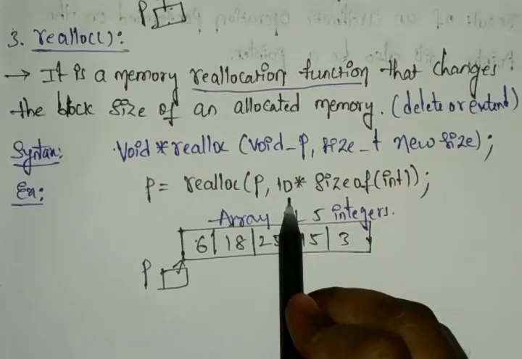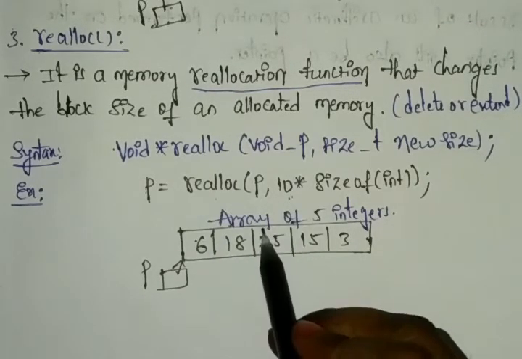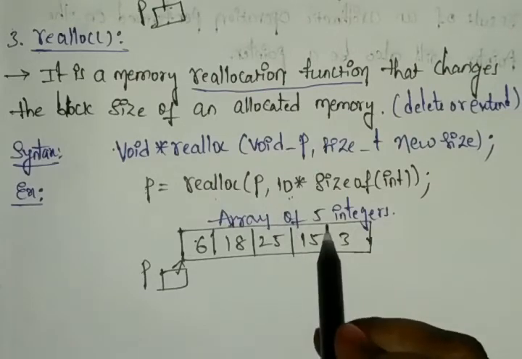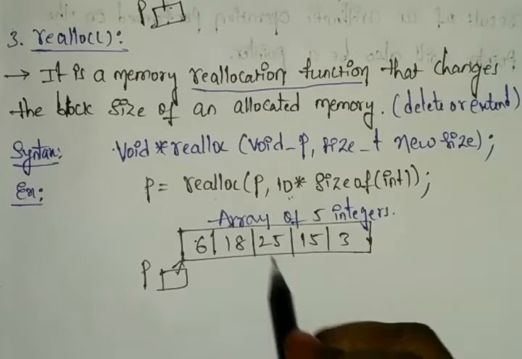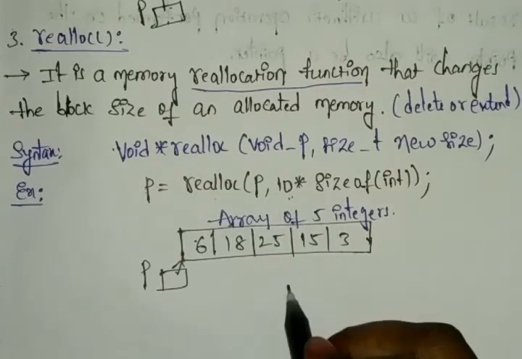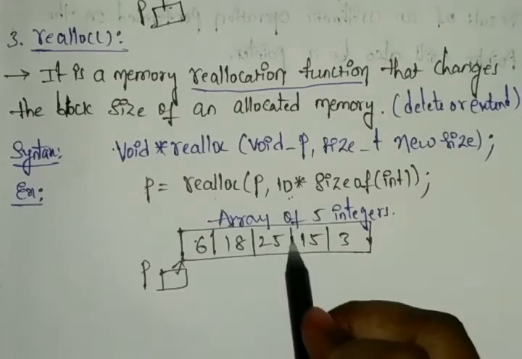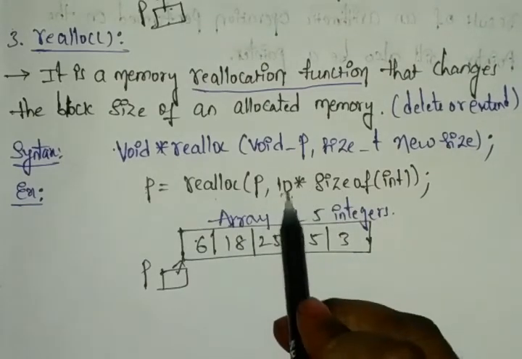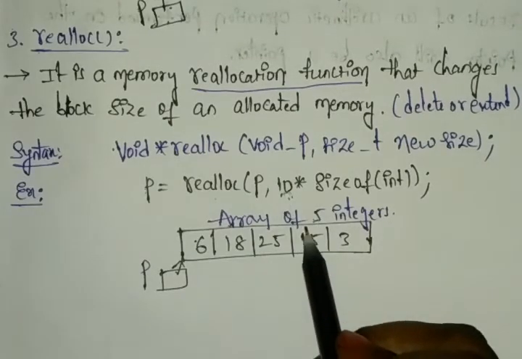The reallocation process needs 10 integers in our array, but we have only 5 integers. So now we need to extend our block size. We can delete or extend; now we need to extend. Why? Because the reallocation size is 10, but the current size is 5.